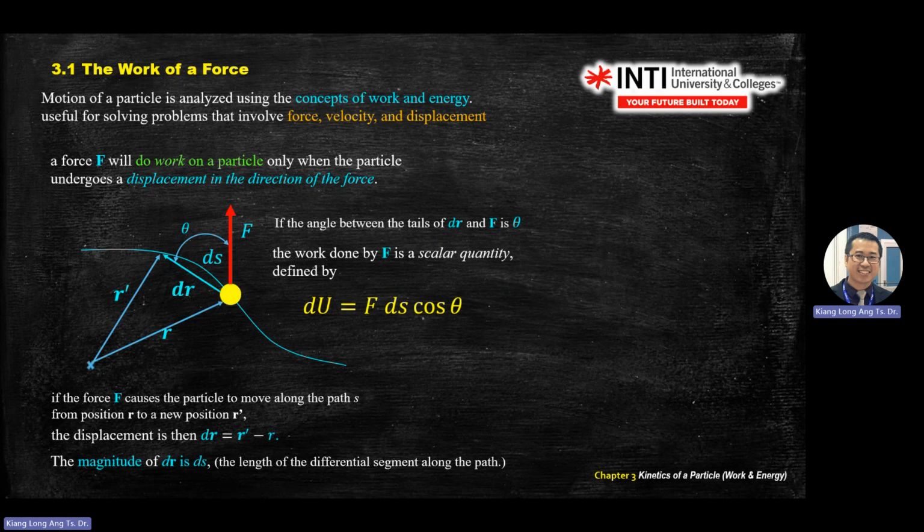So in this case, when the angle between the distance and the force is 90, cos 90 is 0. So any force that goes perpendicular to the direction of movement, a or v, if the force goes this way, perpendicular to the axis, then no work is done by the force. Okay.